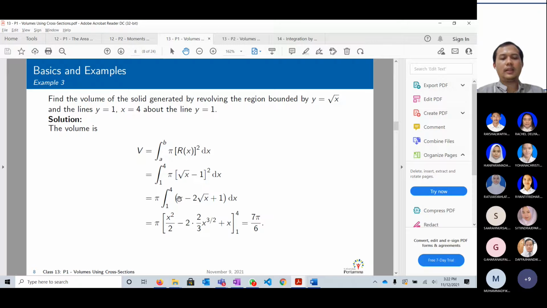Ya, integral dari x minus 2 akar x plus 1 terhadap x itu adalah ini, x kuadrat per 2 min 2 kali 2 per 3 x pangkat 3 per 2 plus x. Oke, Sir, paham. Terima kasih, Sir.